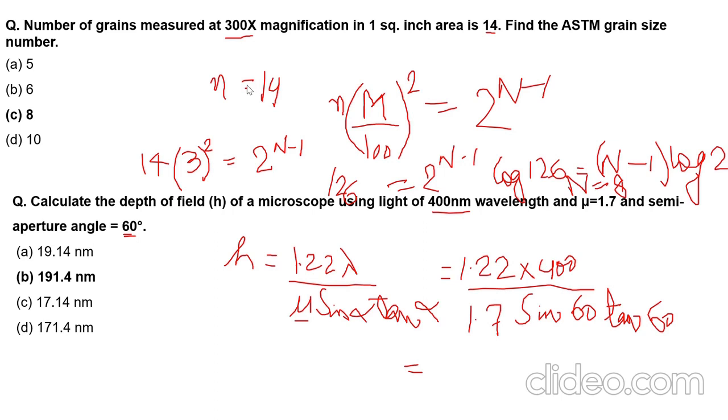You can change your eyepiece distance or image formation distance, so I think it will be related to the eyepiece only, because you will be changing the distance only. That means, in short, we can say the depth of field is applied to objective lenses and the depth of focus is applied to the eyepiece. Yes. Okay, ma'am. Thank you.